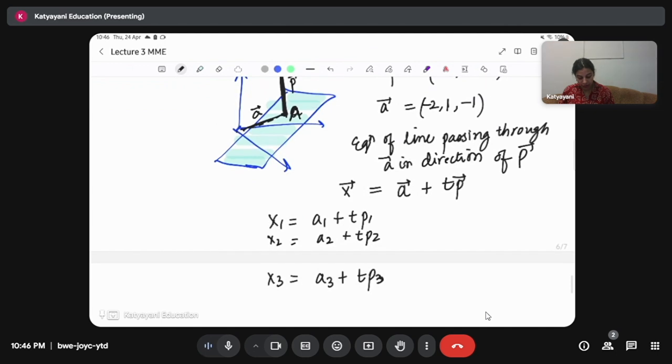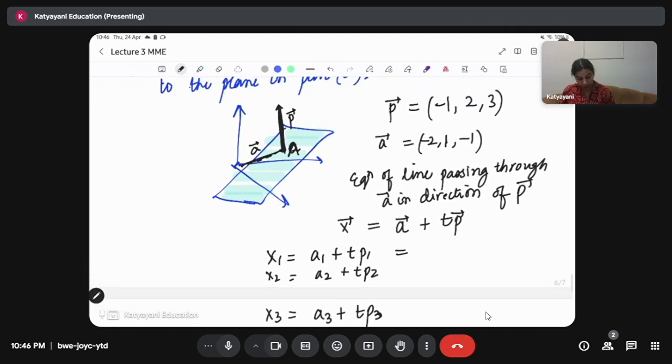A is given to you, so let's put in the values. A1 is given as -2, plus t times P1, which is -1, so you get -2 minus t. Similarly, A2 is 1 plus t times P2, which is 2, so you get 1 plus 2t.